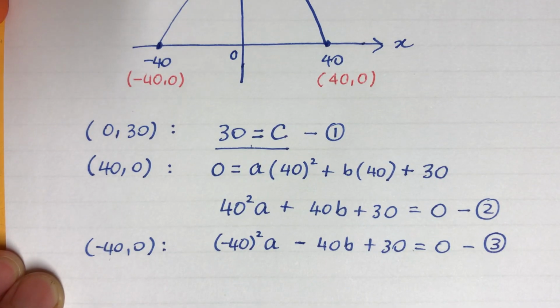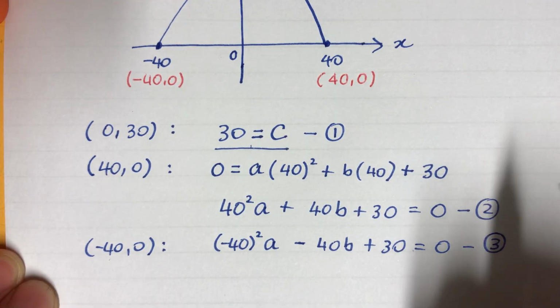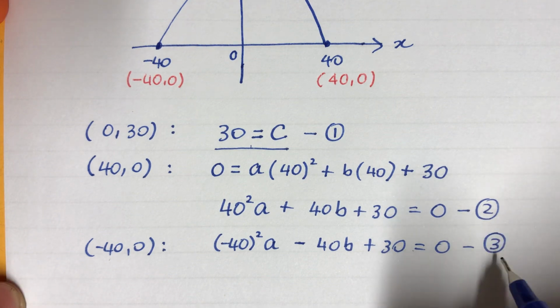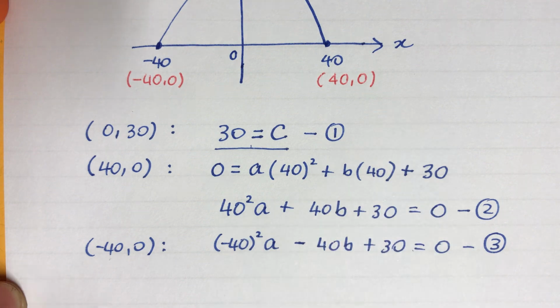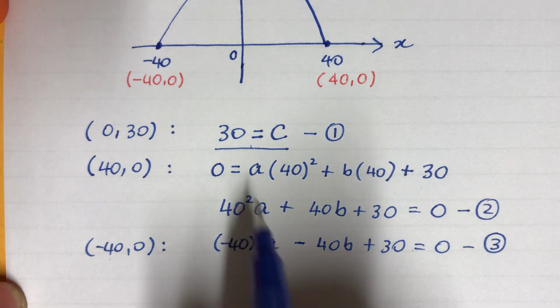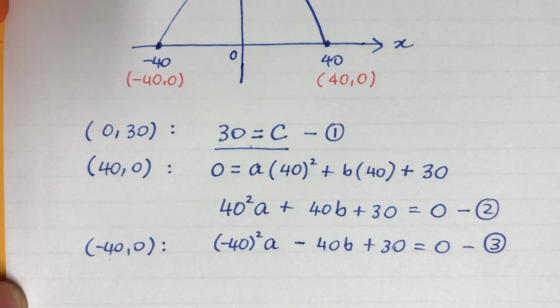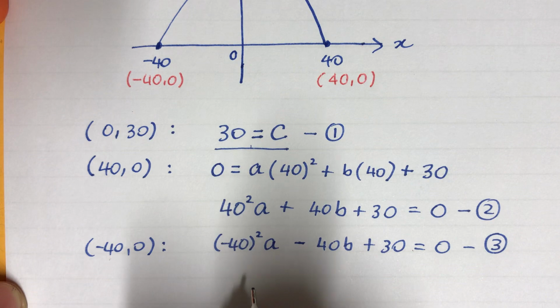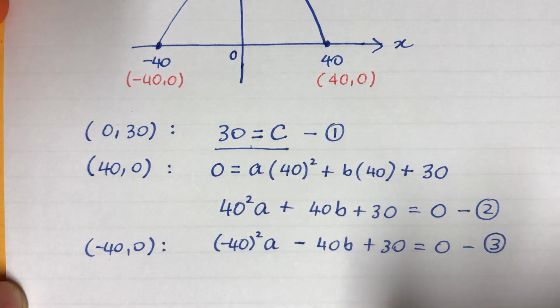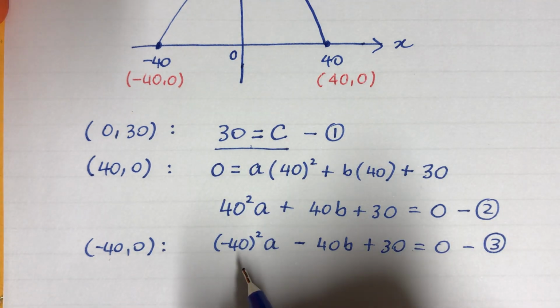Okay, so if I add equations 2 and 3 together, I can get rid of the b's and then I'll end up with the a's. So 40 squared plus 40 squared, because the minus 40 whole thing squared will be the same as 40 squared.